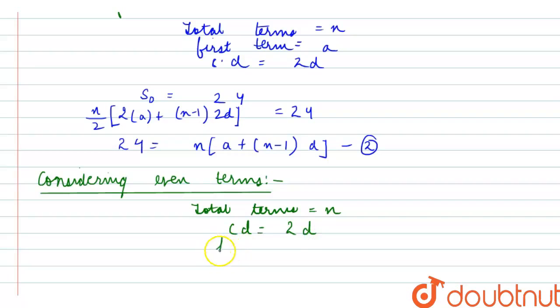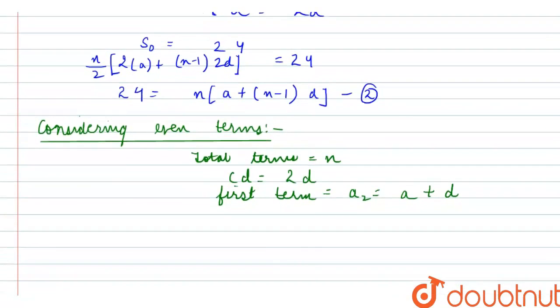Now comes the first term. The first term of the even series would be the second term, which is equal to a plus d.